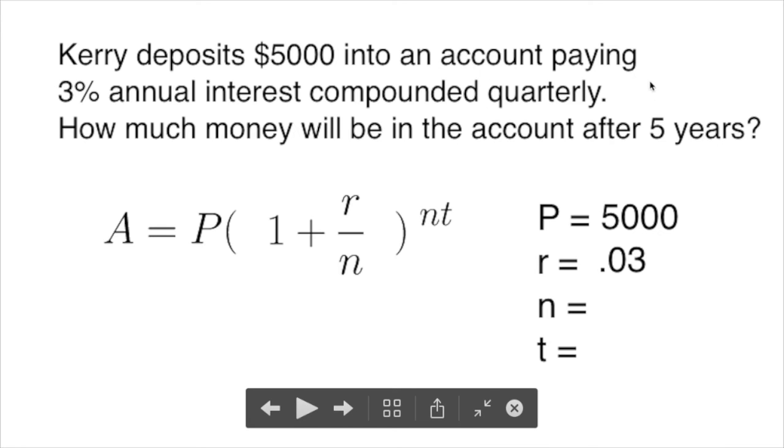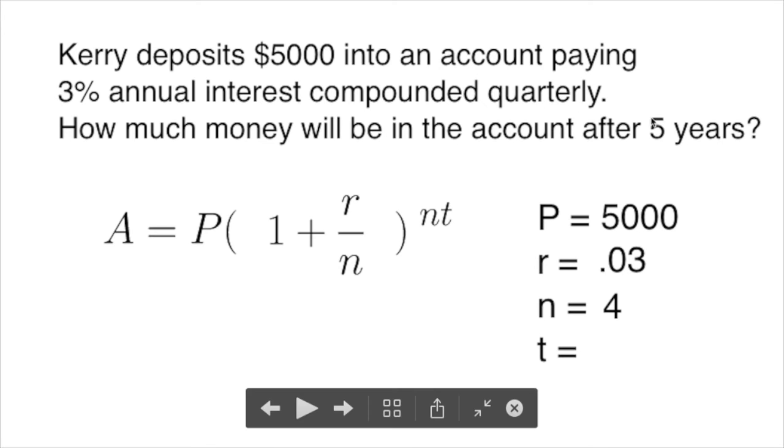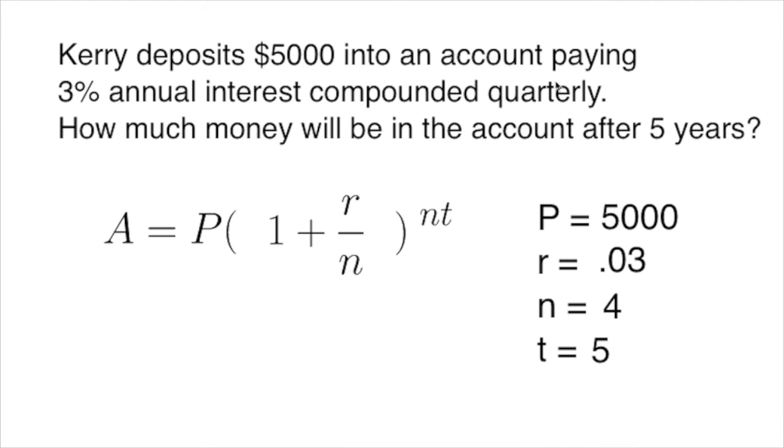Well, it says here it's compounded quarterly, which means every 3 months. So you get your interest 4 times a year, quarterly. So N is equal to 4. Finally, the term, that's this number here. How many years are we calculating for? 5 years. So that's 5.